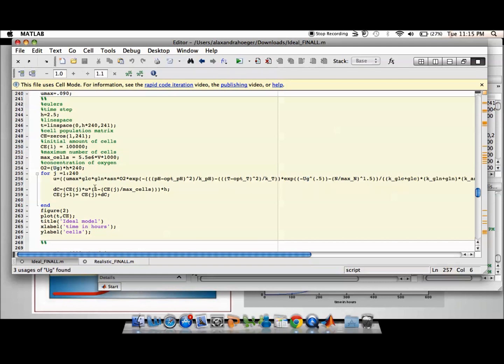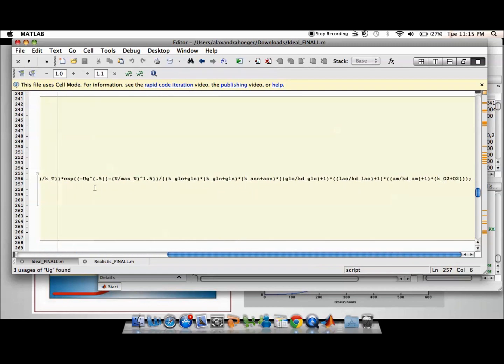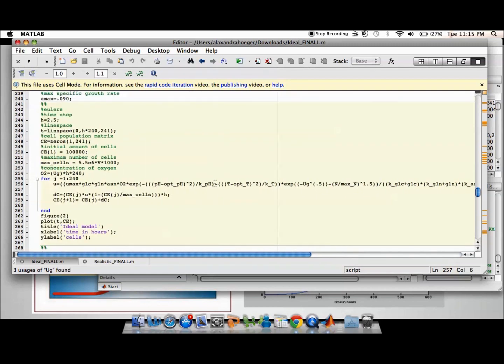So as you can see here, I have that really complicated equation for intrinsic specific growth rate going all the way to the back there. And that gets plugged into our dC/dt, which we run our Euler's through. So we multiply it by our time step here. This is a logistic growth model, so we have our population here times our specific growth rate times 1 minus our population divided by the maximum amount of cells we can have.